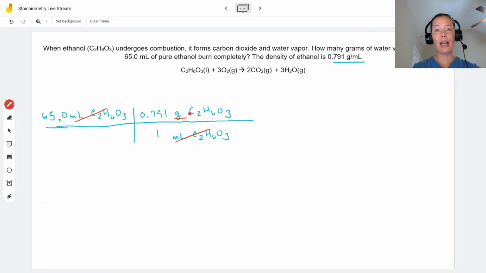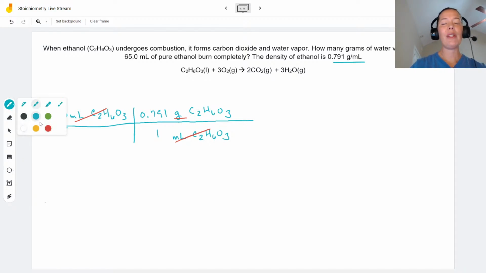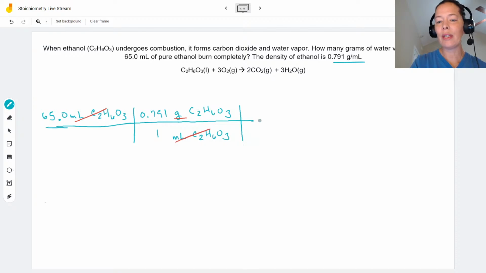Now I have grams of ethanol, and now I'm feeling much more comfortable with my next steps, because once I have grams, then I know I can convert to moles using the molar mass, which of course I already have, and that is 46.07.